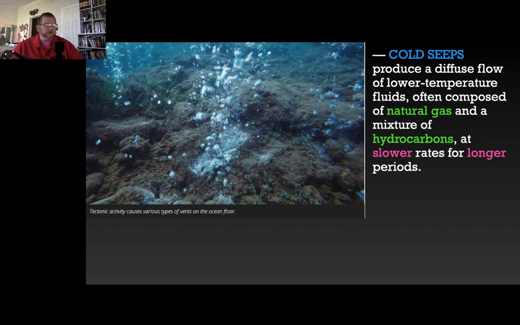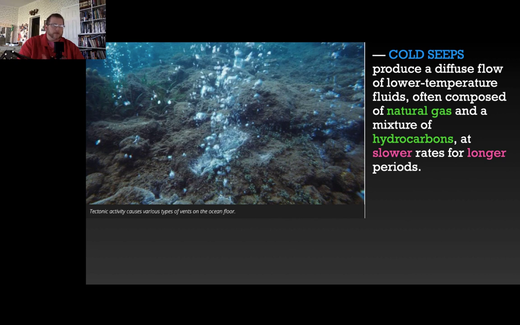The difference between a cold seep and a hydrothermal vent: a hydrothermal vent will shoot out gases and the acids and all of that very fast, but also hydrothermal vents will die off pretty quickly.